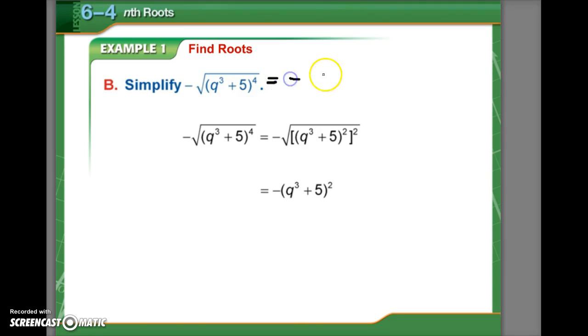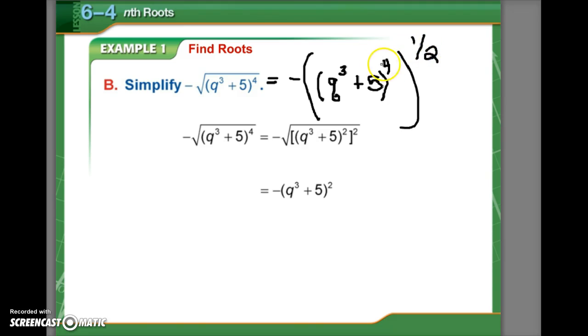This is like saying the quantity q third power plus 5 to the fourth power, and then all of that to the 1/2 power. So again, we're just going to do 4 times a half, and we get 2, and our answer simplifies down right here. Negative q to the third plus 5 to the second power. 4 times a half is just our second power right here.